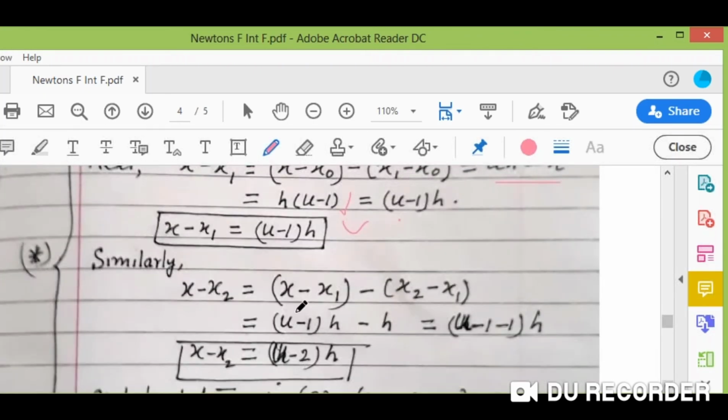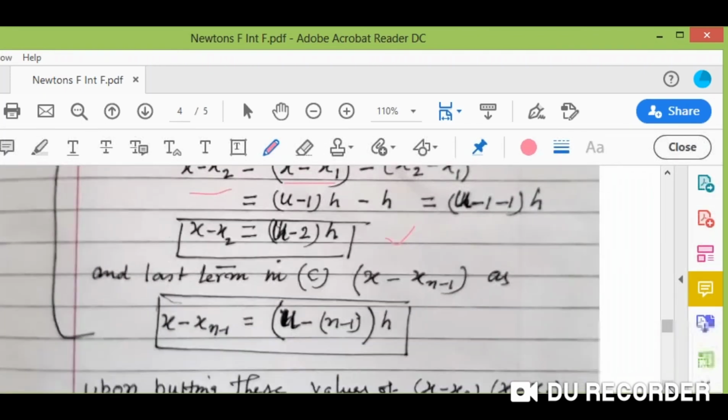Similarly, by the same process, we can get x minus x2 by writing it this way. Introducing x1 again, minus x1 and plus x1 will be eliminated. So we get u minus 1 h, and ultimately u minus 2 times h. What is this? x minus x2.